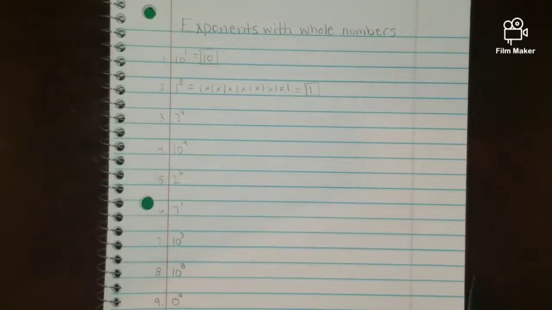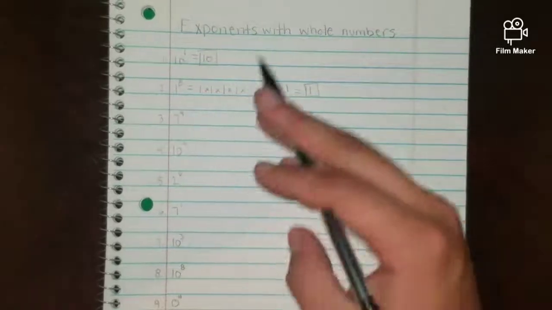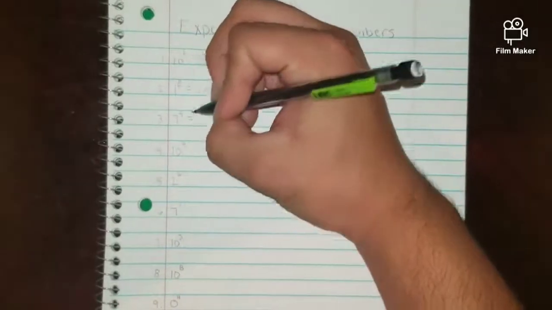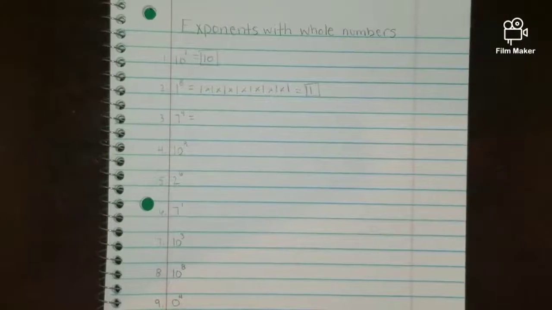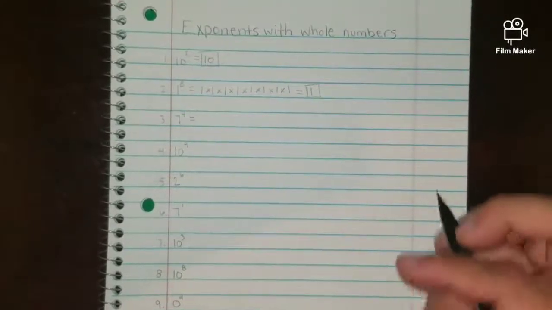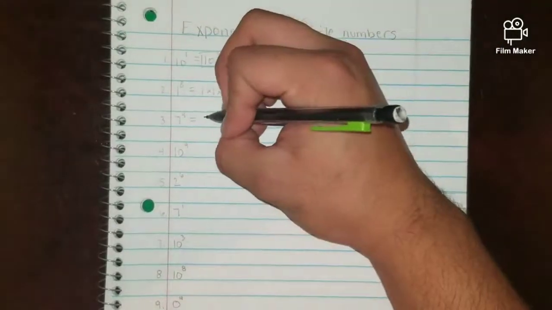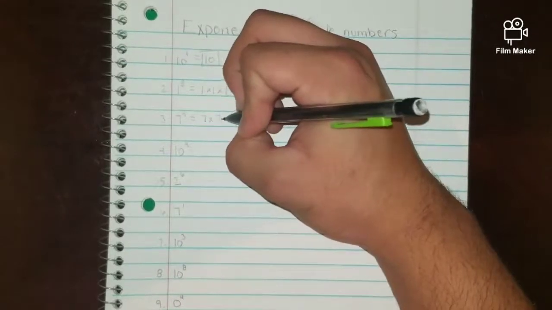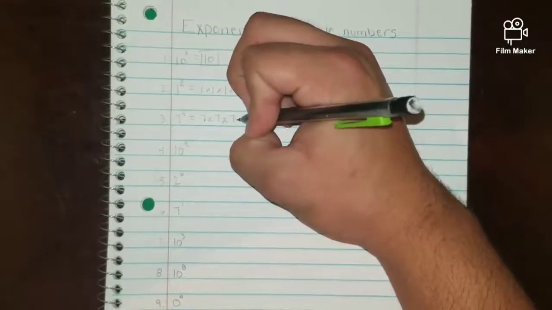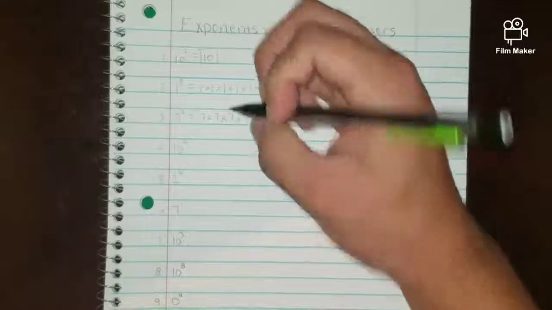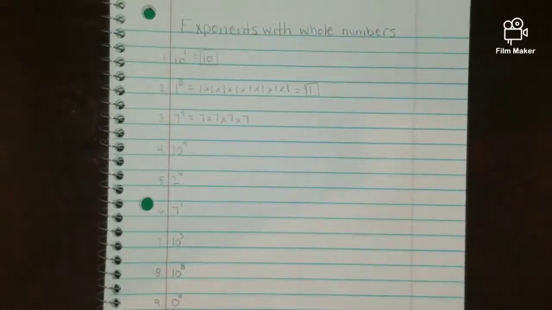Alright, the next one we have is 7 to the 4th power. Now this one is where it starts to get a little tricky. If we write it out, we write 7 times 7 times 7 times 7, and we multiply.